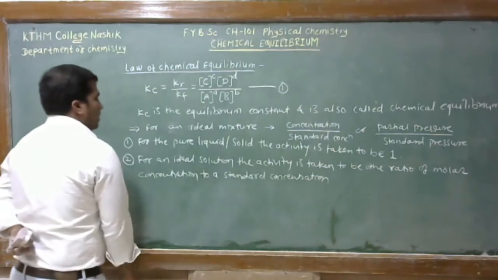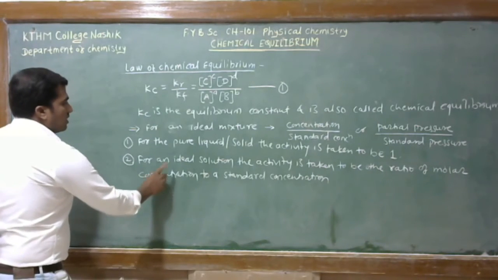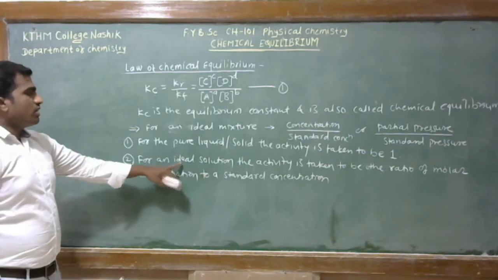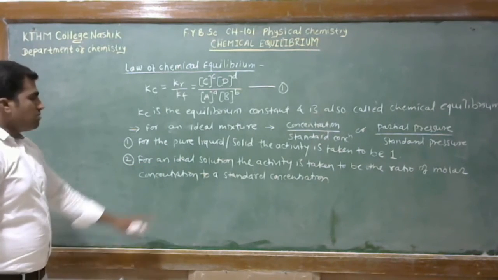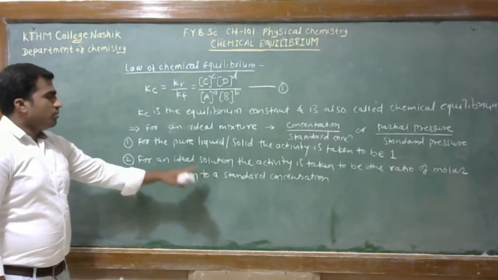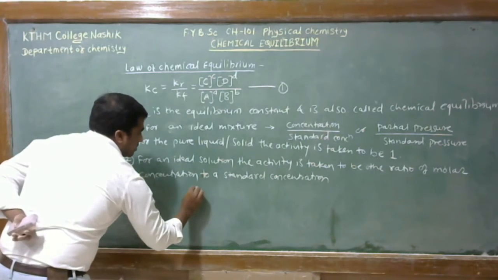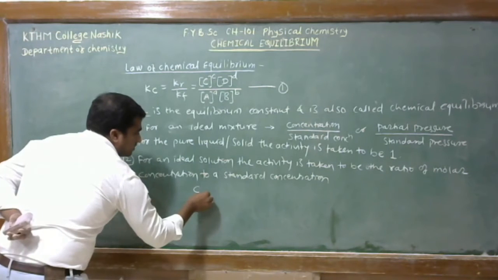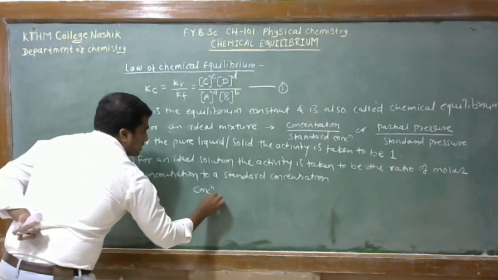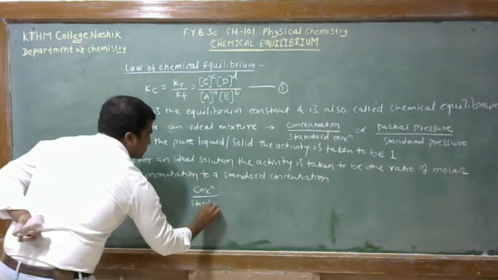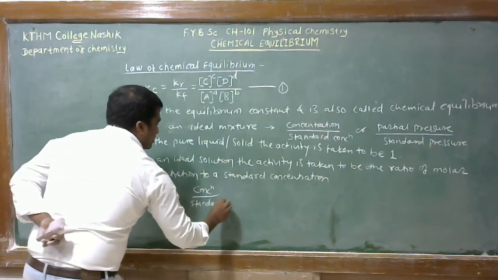So according to the second point, the activity of an ideal solution is the ratio of molar concentration to a standard concentration. So we can write molar concentration divided by standard concentration.